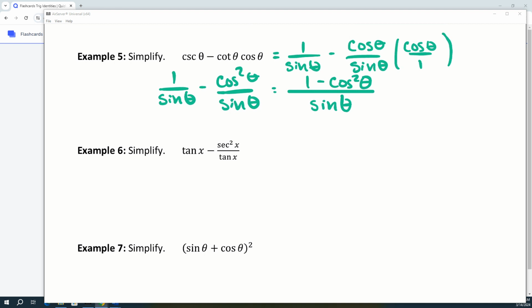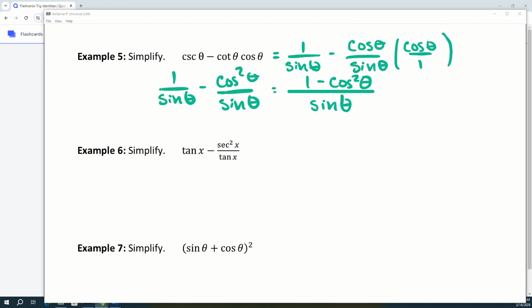All right, and then where are you going to look if you have a 1 and one of the squared trig ratios? Pythagorean identities. So look at your Pythagorean identities. There's only one that involves the cosine squared. You have to manipulate it slightly, but what does 1 minus cosine squared of theta equal?